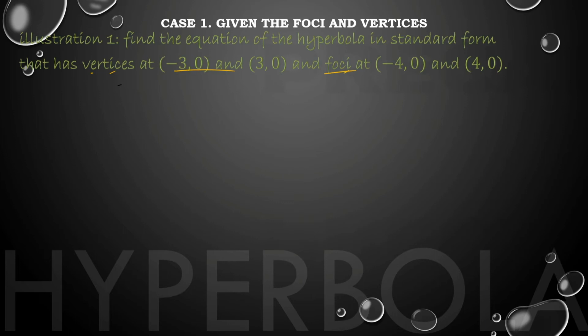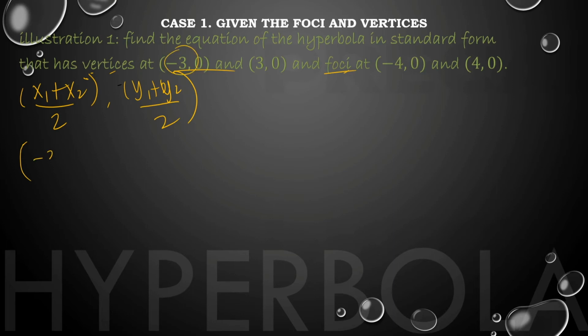So, yung midpoint formula, gamitin natin yung vertices. So, x sub 1 is itong negative 3 plus x sub 2, which is positive 3 over 2. And then y sub 1, which is 0. And then plus 0 din over 2.